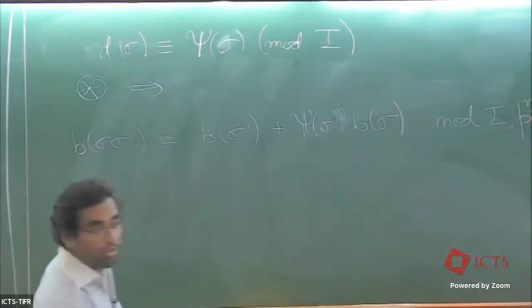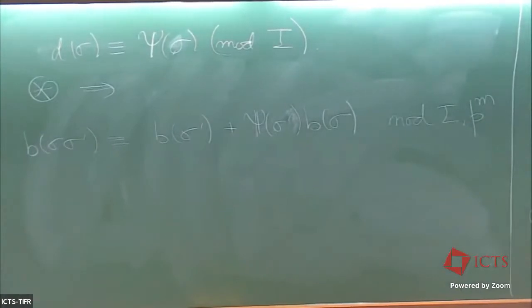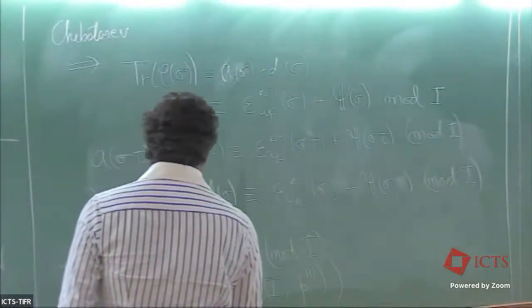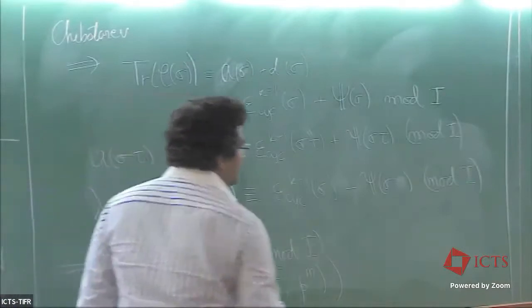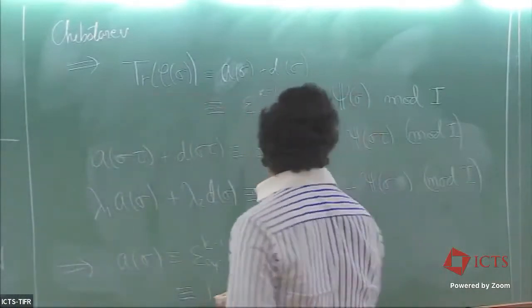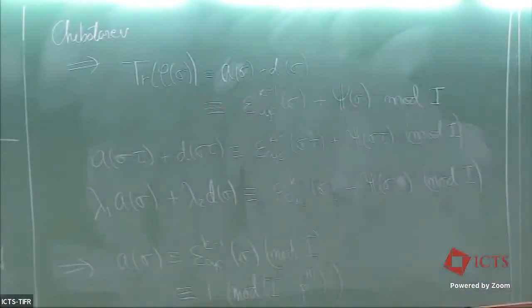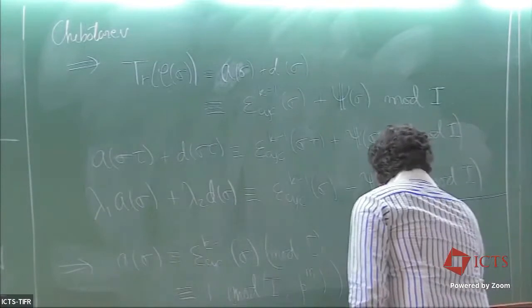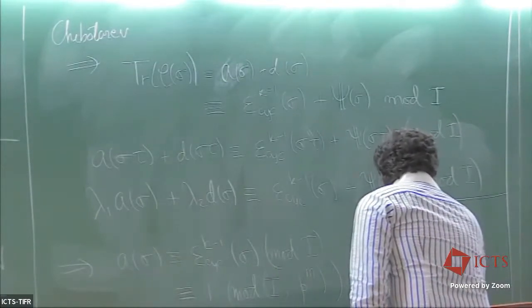May I ask a question? Sure. In the middle of that board, where did the lambdas come from and why did they disappear? The lambdas: I had lambda 1 f and lambda 2 f.